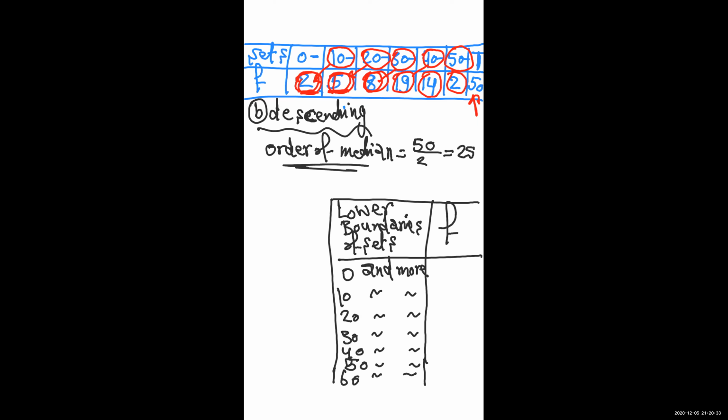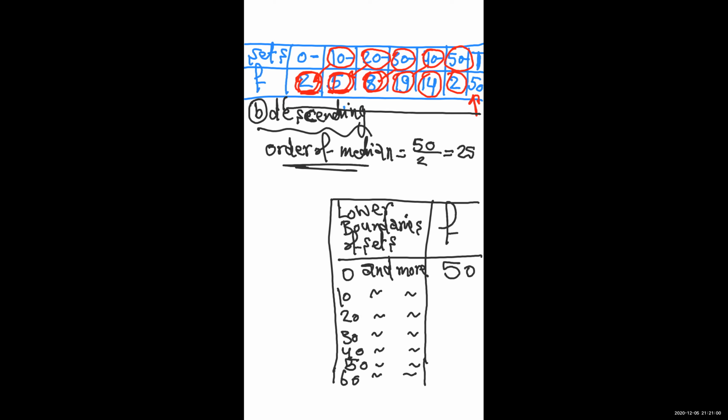If you check 0 and more, all of them are more than 0. So the first frequency is 50. Then 10 and more. Actually, I will use a different color, the black will be clear.